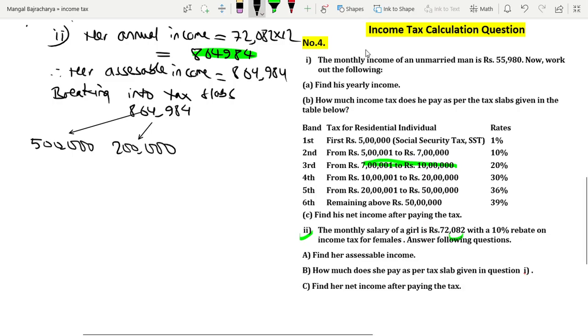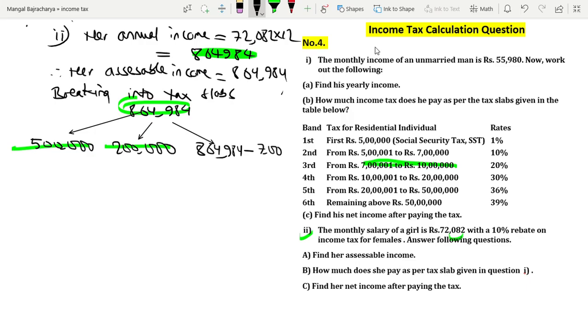So for finding the amount of the third slab, we have to deduct the total amount of these two slabs, 5 lakh and 2 lakh, from this total 8,64,984, right? So we find by subtracting the sum of 5 and 2 lakh, 7 lakh, from 8,64,984. So there you get 1,64,984, is it, which is the third slab for the tax, right?